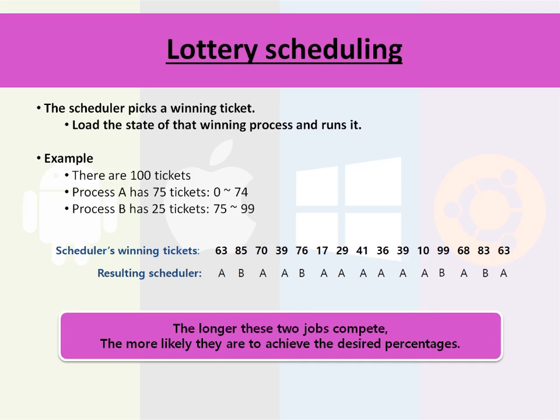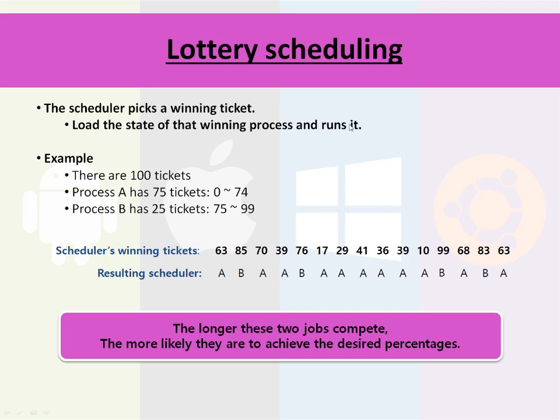So we see that the more tickets you have, the higher the percentage chance that you'll be scheduled. Each time slice, a new ticket is drawn. The longer these jobs take to complete, the more likely they are to achieve the desired percentages.